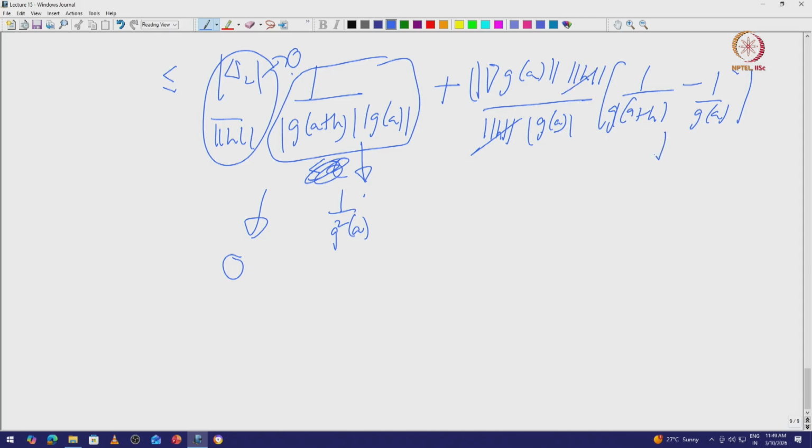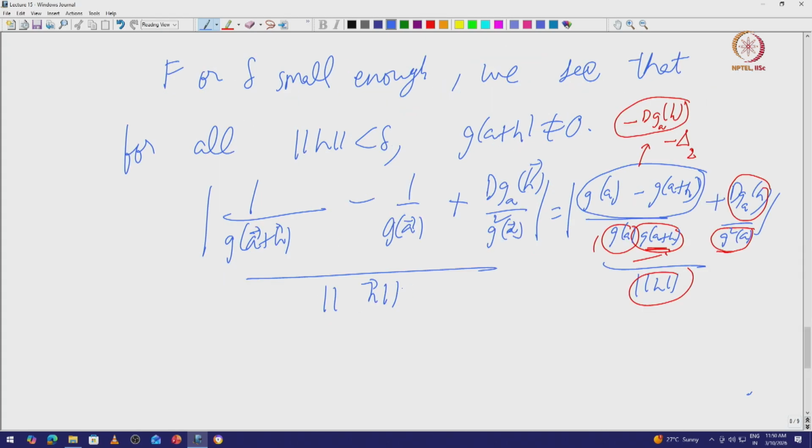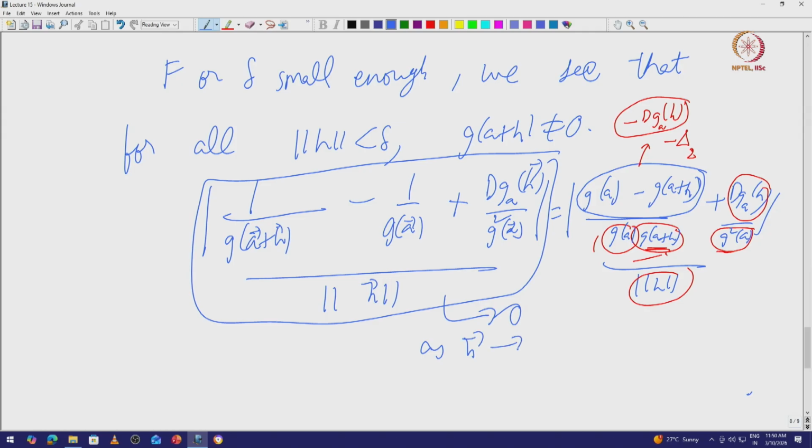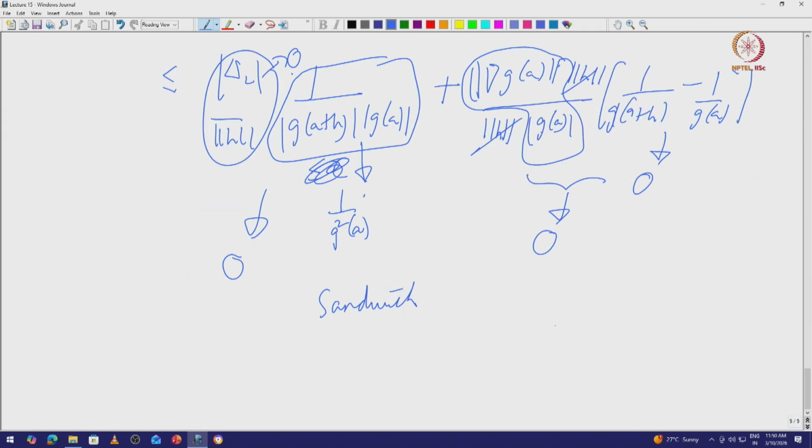Again, by continuity, this goes to 0, and this remains fixed. So the product of these goes to 0, and so we are done. By the sandwich theorem, or the squeeze rule, or whatever you want to call it, this goes to 0 as h goes to 0, which proves what we want.